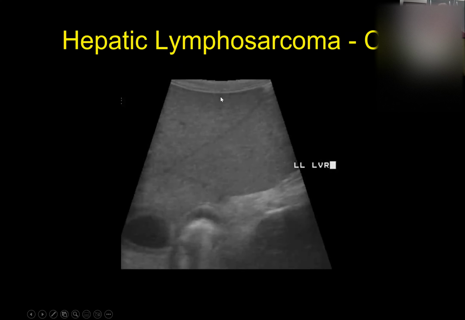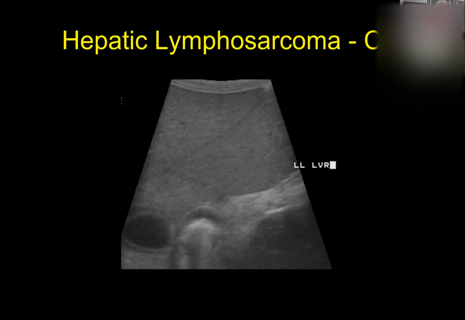Okay, cat liver with lymphoma. Lymphoma in a cat liver most of the time will cause the liver to become diffusely hyperechoic, very similar to what you would see with cats that have hepatic lipidosis or fatty liver disease. The difference is, with cats with hepatic lipidosis, most of the time the liver is normal in size to just slightly enlarged.